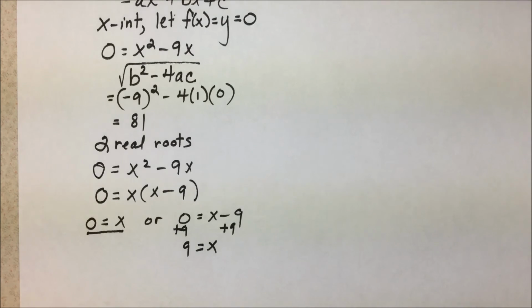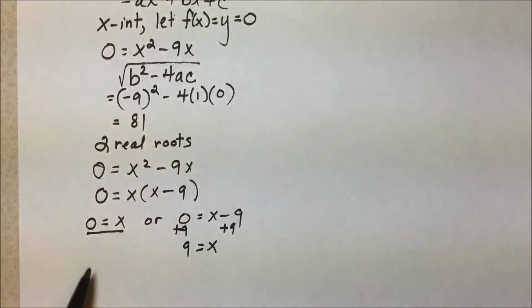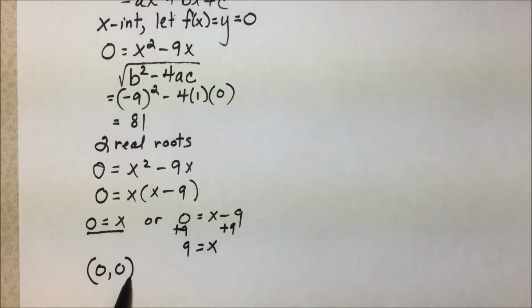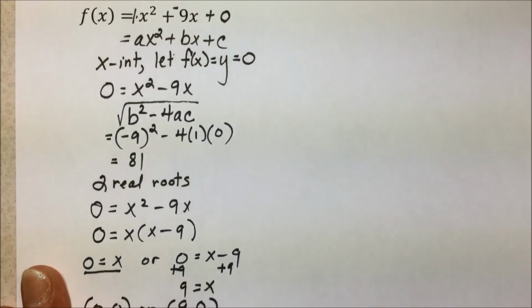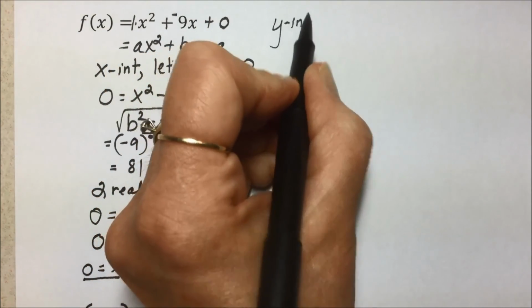So to finish off the question, what are our x-intercepts? X is 0 when y is 0, or x is 9 when y is 0. So we have two points of intersection on the x-axis.